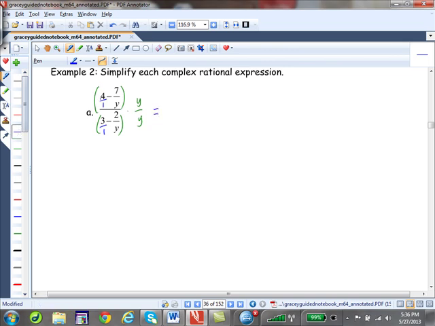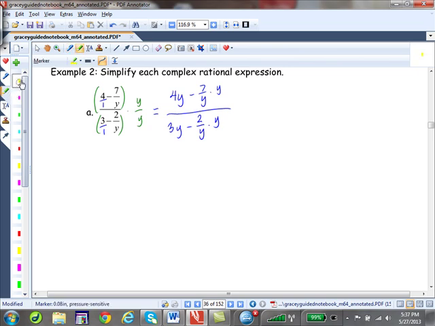So then distributing, we'll have 4 times y minus 7 over y times y, divided by 3 times y minus 2 over y times y. So again, the numerator yielded this result.